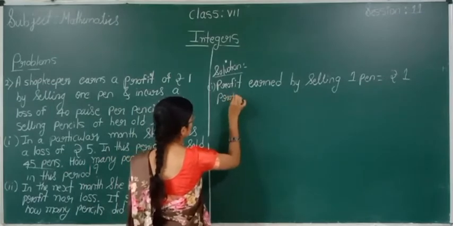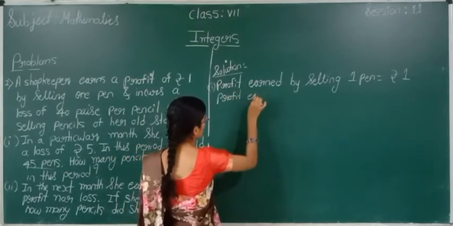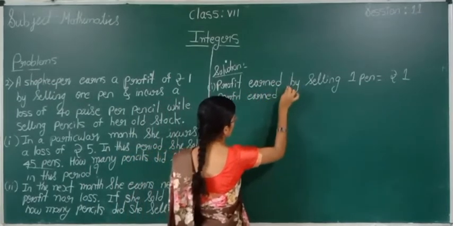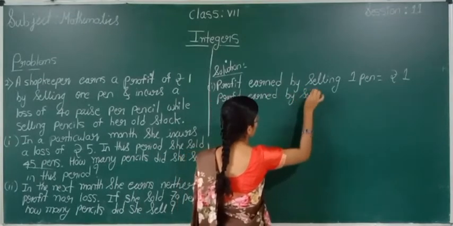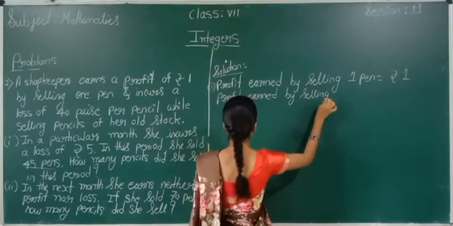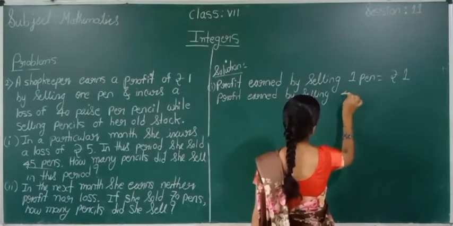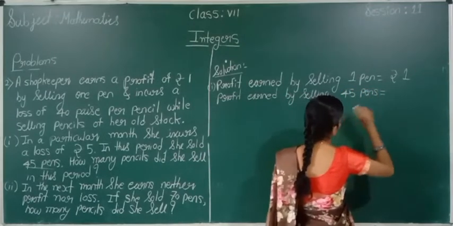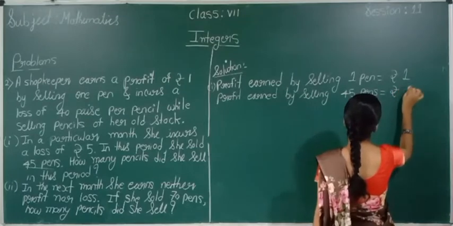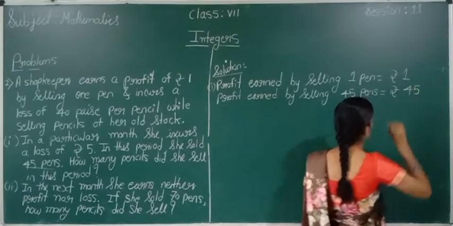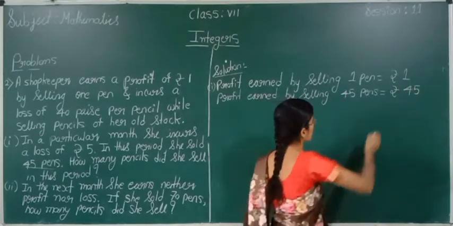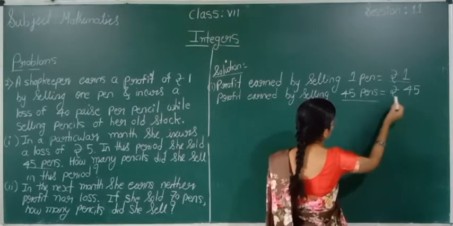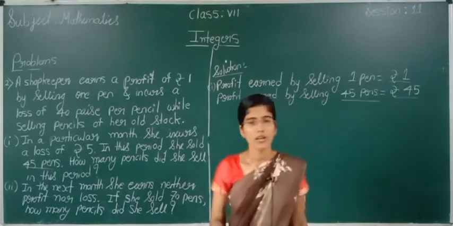Profit earned by selling 45 pens is nothing but rupees 45. Yes or no? For one pen 1 rupee profit, for 45 pens 45 rupees profit.